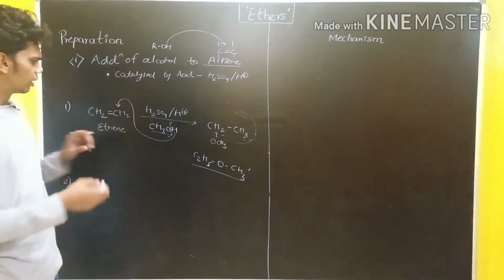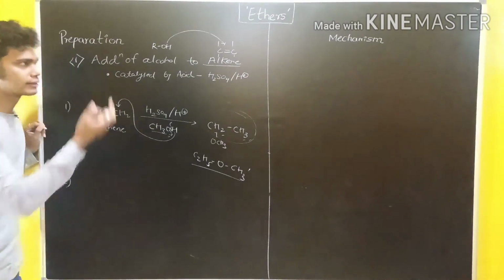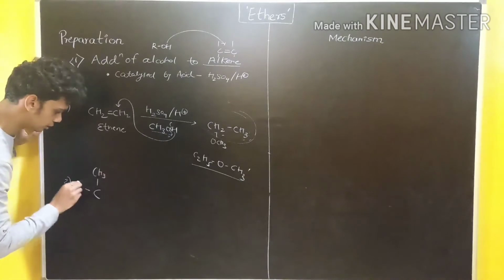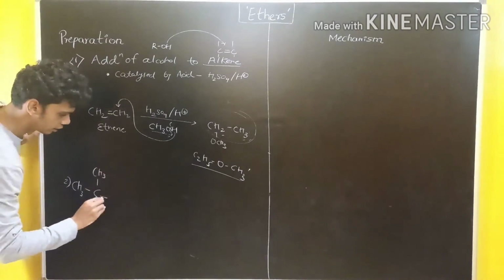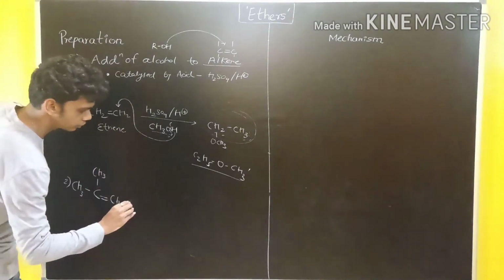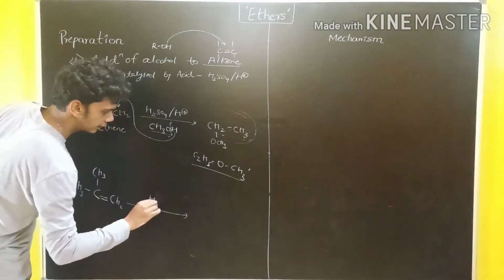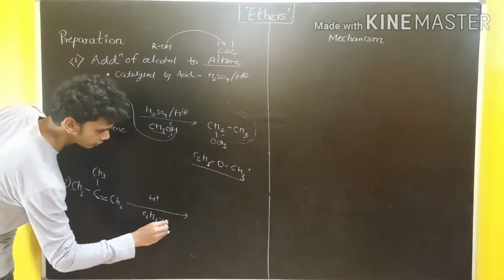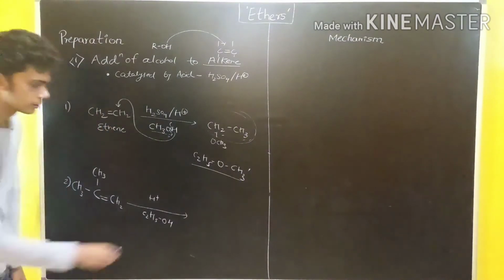Second example. This is a simple alkene we take. Let's consider this alkene: CH3, CH3, C double bond CH2, with acid catalyst, and instead of methanol I'm adding ethanol. How can you predict this?